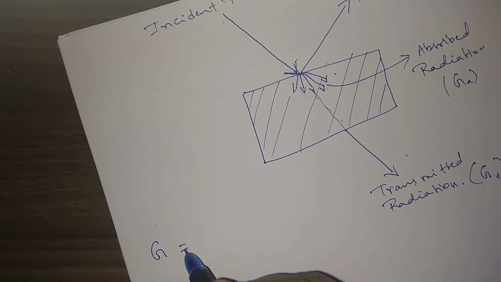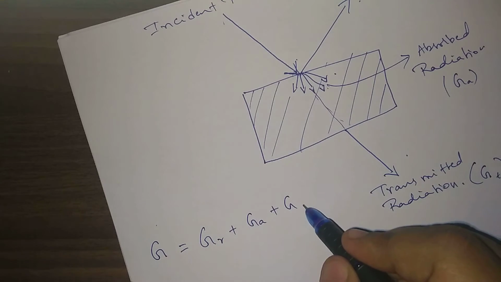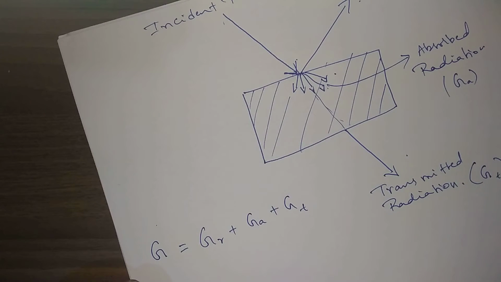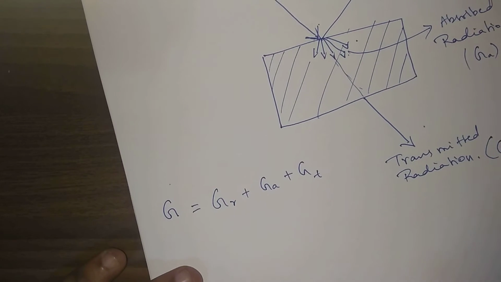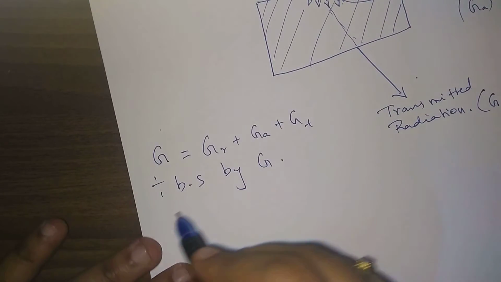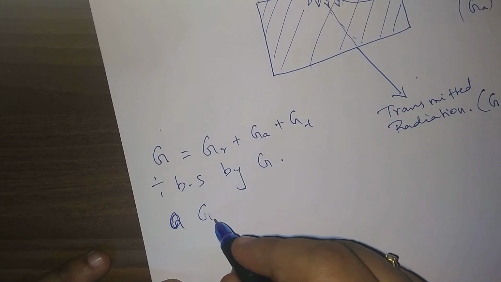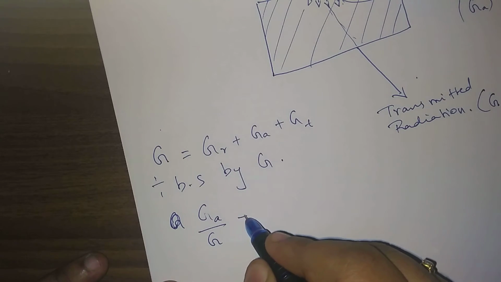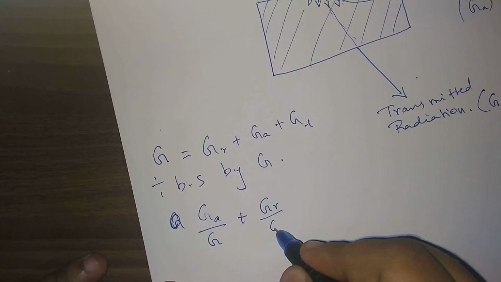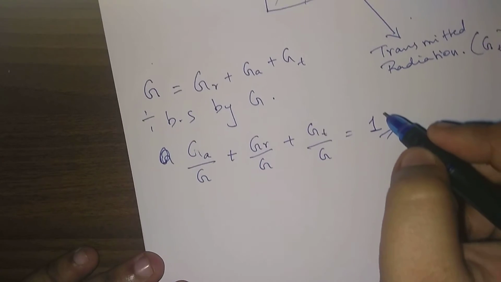Now shall we try to apply a simple formula here? The incident radiation G is equal to GR plus GA plus GT. Correct? Now dividing both sides by G, we get GA by G plus GR by G plus GT by G, which is equal to 1.